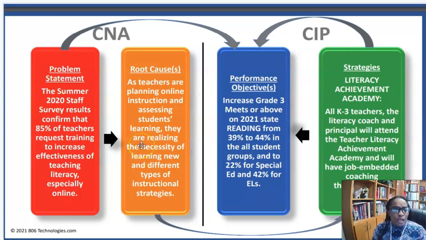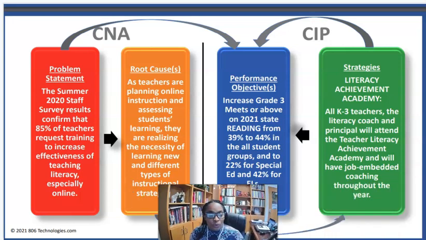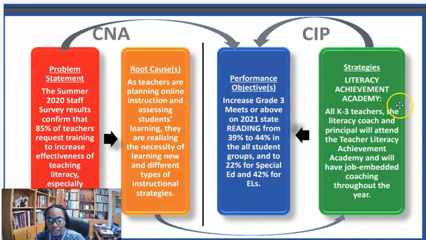So the root cause was, as teachers are planning online instruction and assessing students' learning, they're realizing the necessity of learning new and different types of instructional strategies. So the strategy would be from this, because they're saying this was the issue. Now, why was it an issue? They're saying that they're needing support with learning the different types of instructional strategies.